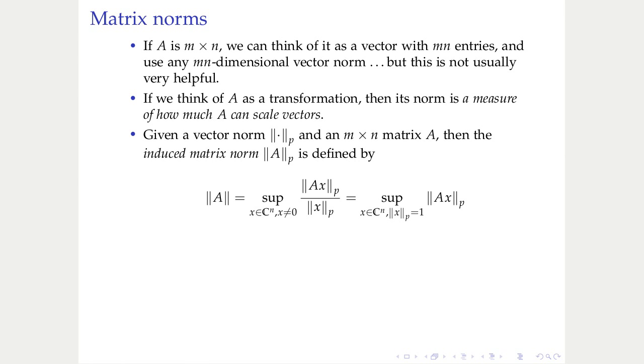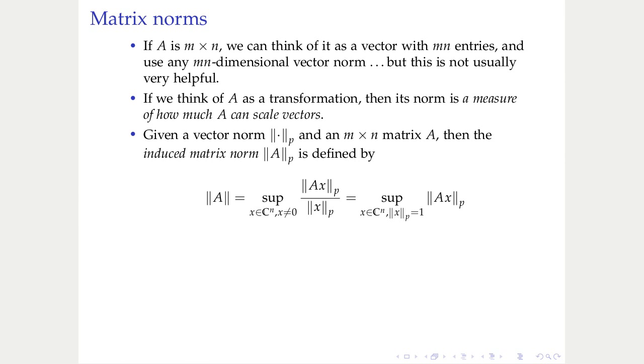Okay, so a better way to think about it is if we think of our matrix A as a transformation. If we've got a vector x and we multiply it by the matrix A, we get another vector y. Our vector x might have a length of, say, 10. Our vector y might have a length of 20. In that case, the matrix would have scaled the size of the vector by 2.